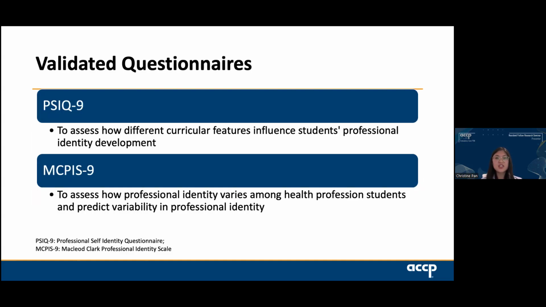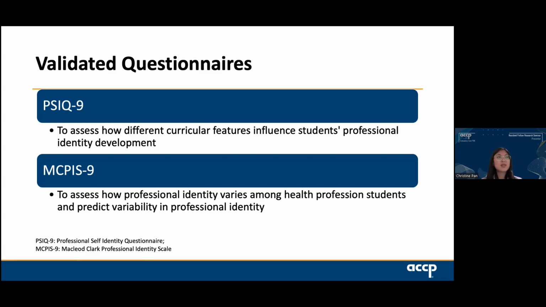In the previous studies I just mentioned that looked at transformative learning theory and/or professional identity formation, two validated questionnaires have been used. One is called the Professional Self-Identity Questionnaire, or the PSIQ-9, and the other is the McLeod-Clark Professional Identity Scale, or the MCPIS-9. Moving forward, I'll be calling the second questionnaire just the McLeod survey to make it simple.